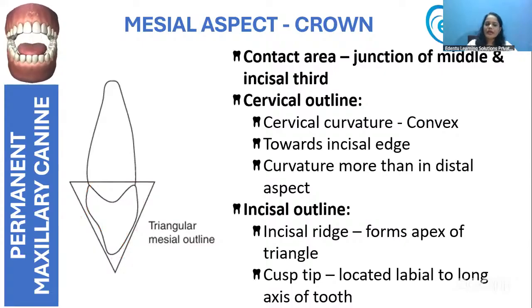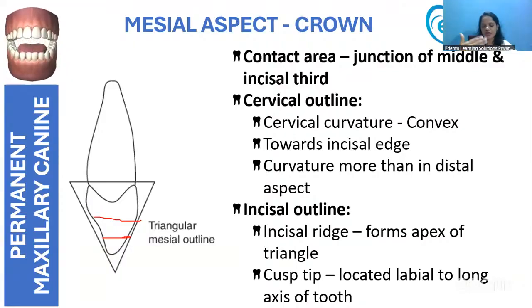Now, the contact area in the mesial aspect is usually at the junction of the middle and the incisal third. The tooth can be divided into three regions: the incisal third, the middle third, and the cervical third. These are the three thirds.